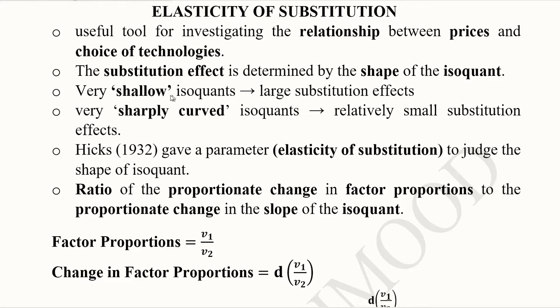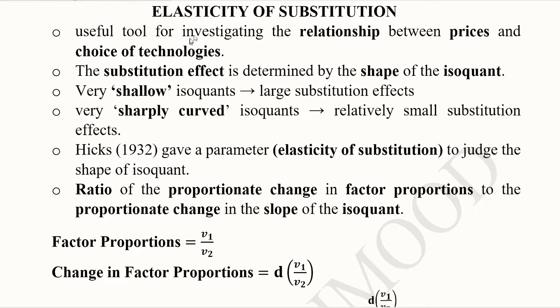Definitely it gets determined by the shape of the isoquants, because we remember that a shallow isoquant is likely to show large substitution effects, just like we have in perfect substitutes, whereas one that is sharply curved, that isoquant has a relatively small tendency of substitution. For instance, the fixed proportion isoquants in which the substitution is minimum.